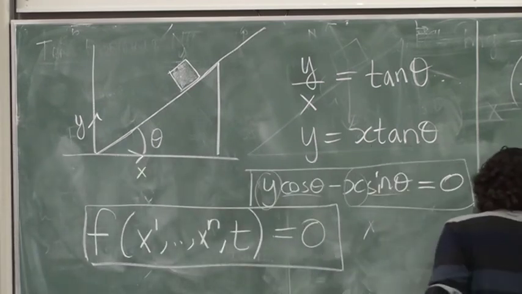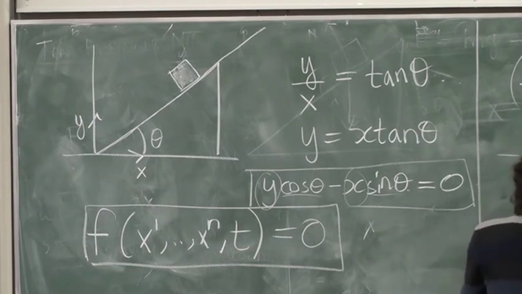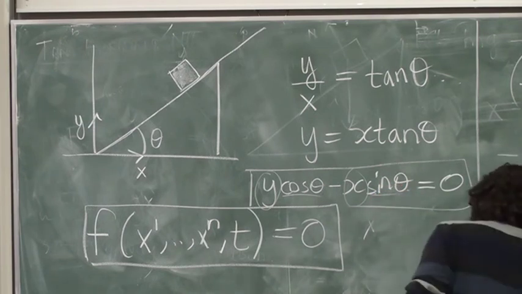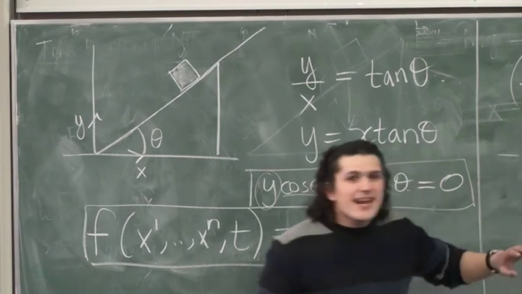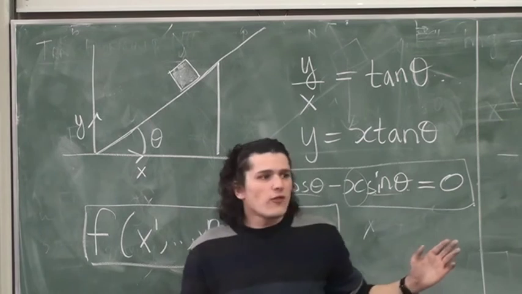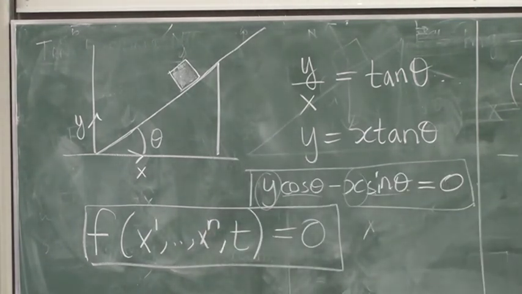It says if I can write f of x1, x2 to xn and maybe some other parameter equals 0, and if f is a continuous function, continuously differentiable, then I can rearrange this, locally at least, no matter what the form of the function is, to write x1 as some other function, h, of the others.